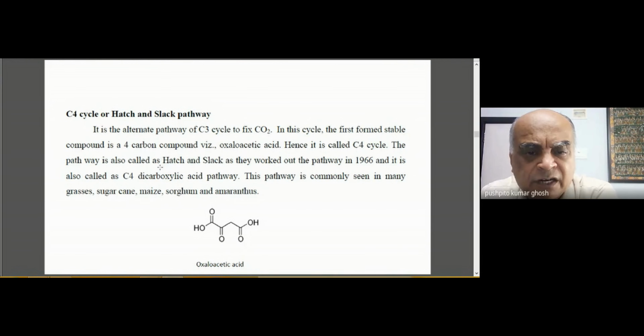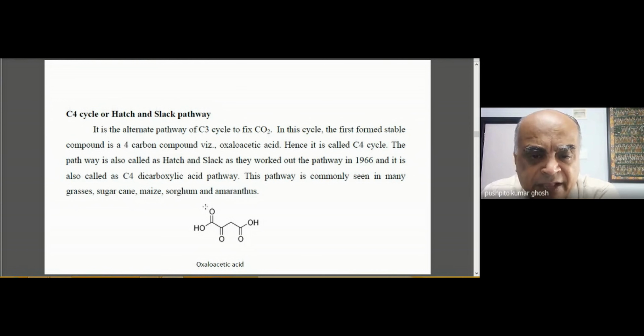They unraveled another mechanism, and it is known as the C4 cycle. What was the definition of C3 and C4? The number of carbons in the first molecule that is formed, which is a stable entity. In that case it was phosphoglycerate, which was the stable entity, and it's a 3-carbon molecule, so it was C3.